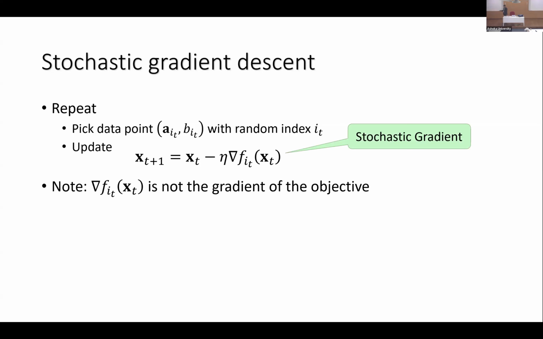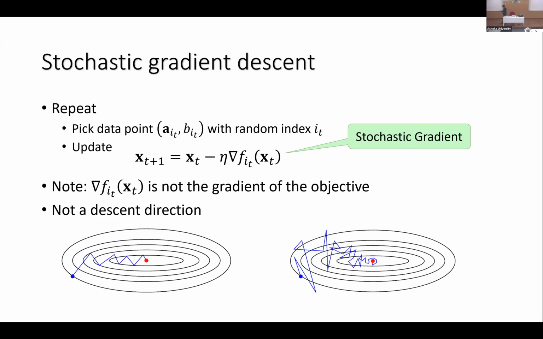This is referred to as the stochastic gradient. As I said, it is not the gradient of the objective function. Interestingly, it is also not a descent direction. If you remember yesterday, we said the gradient is the direction in which the function decreases, but this is not that. This is not the direction in which the function is decreasing; this is something else.